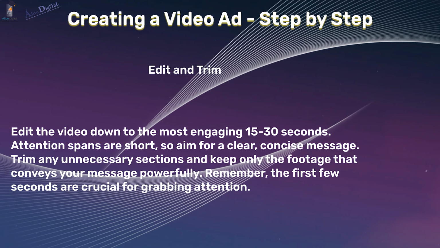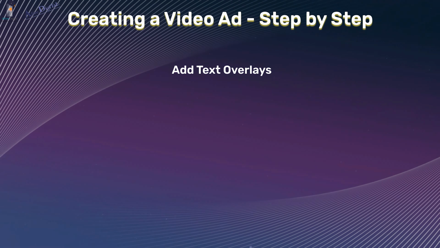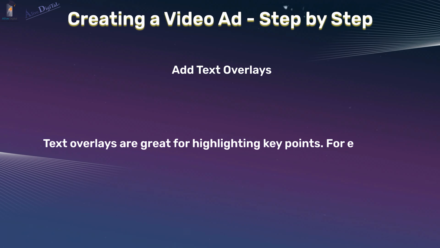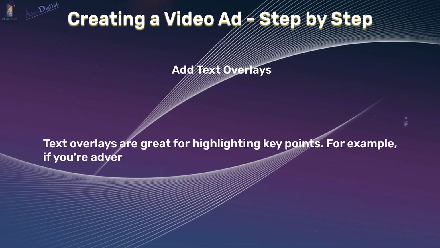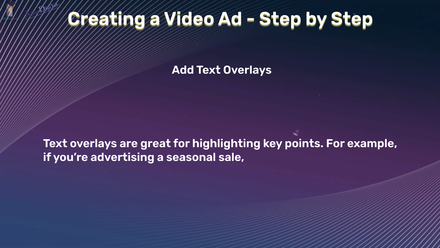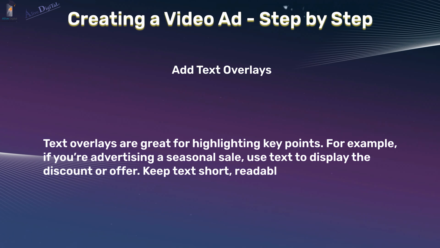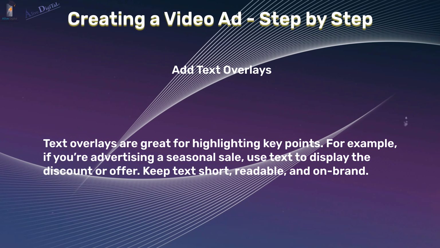Step number 3. Add text overlay. Text overlays are great for highlighting key points. For example, if you are advertising a seasonal sale, use text to display the discount or offer. Keep text short, relatable, and on brand.